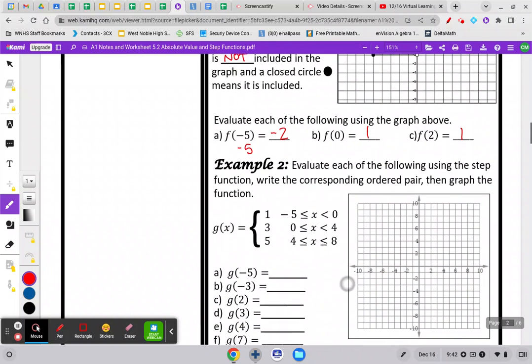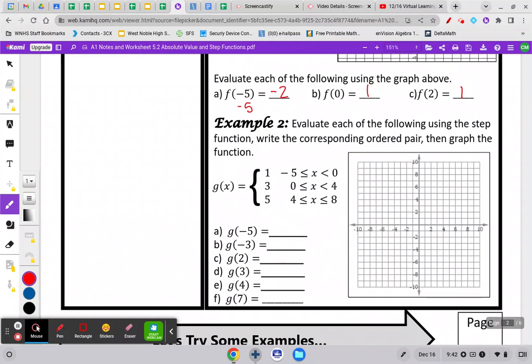Now, this next one we do have to draw. We are going to evaluate each of the following using the step function and write a corresponding ordered pair, then graph the function. So, I'm going to actually graph first and then use the graph to decide where all of my points are.